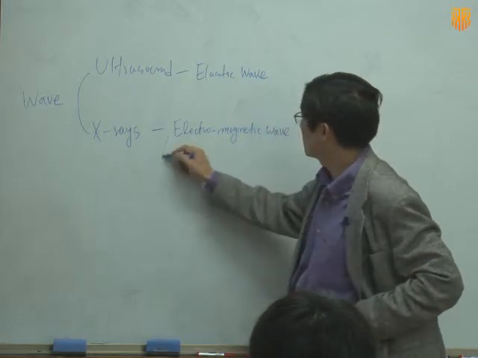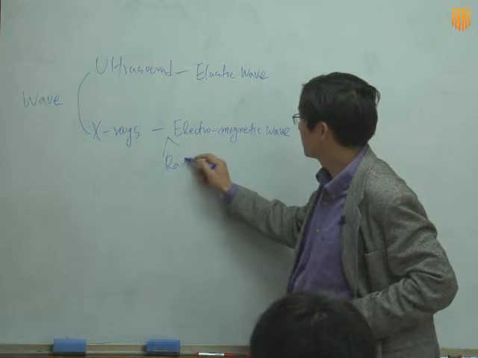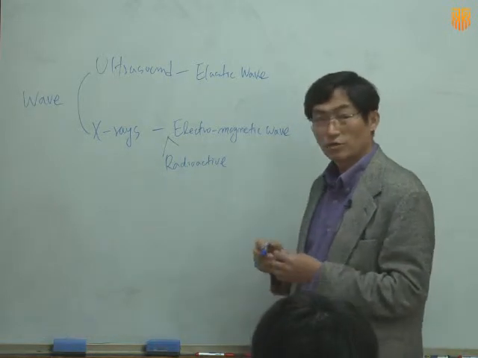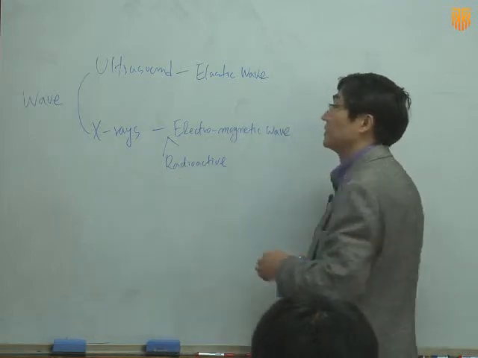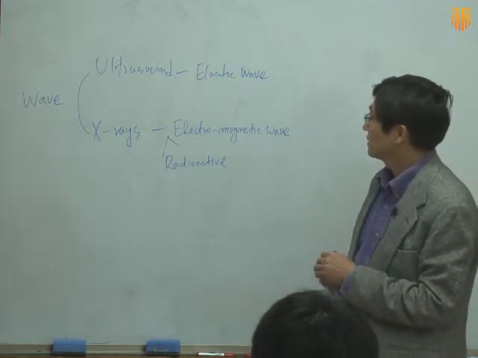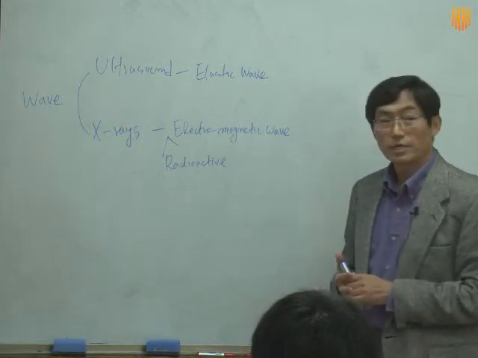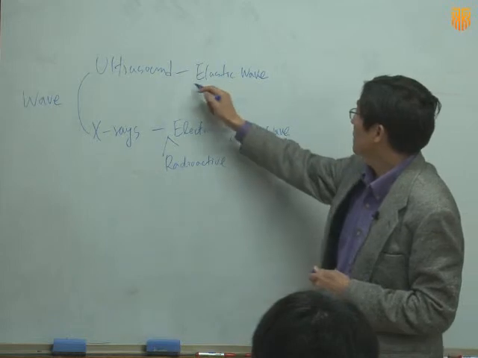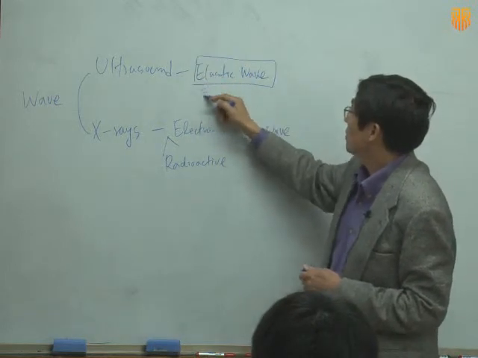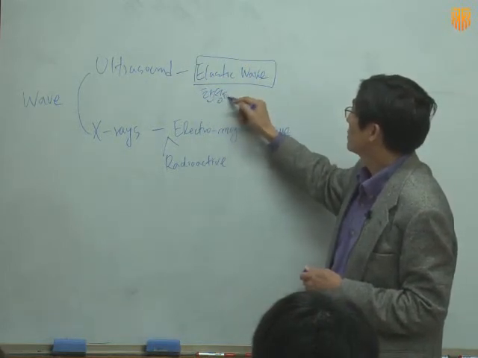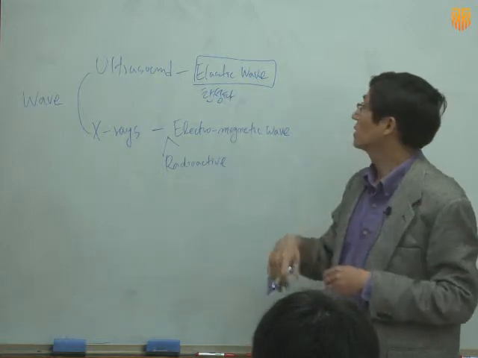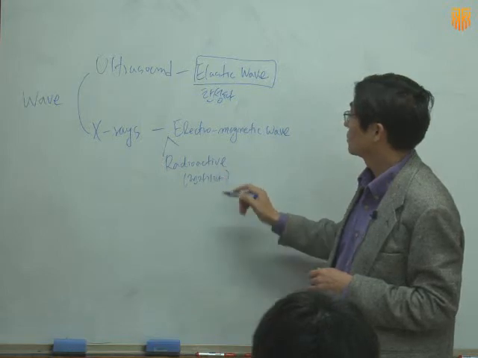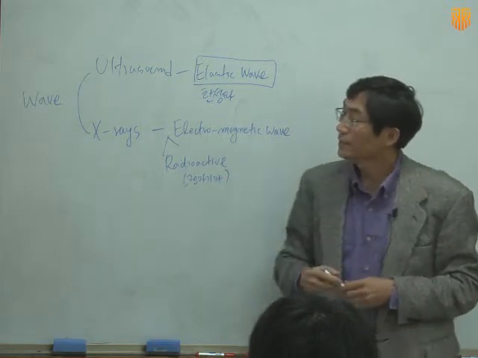Especially radioactive. Radioactive means it can change the atoms into the ionic state. So ultrasound is an elastic wave. 한국말로 탄성파. 탄성, 커지고 작아지고 하는 것 때문에 생기는 거. 이거는 전자기파예요. It's totally different.